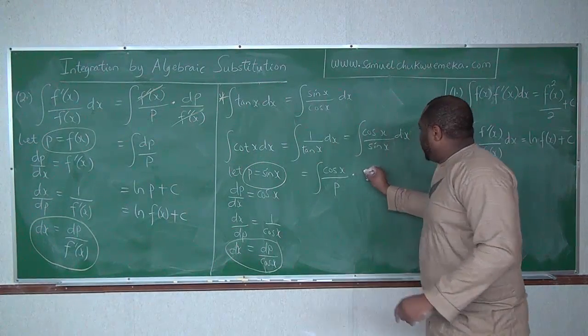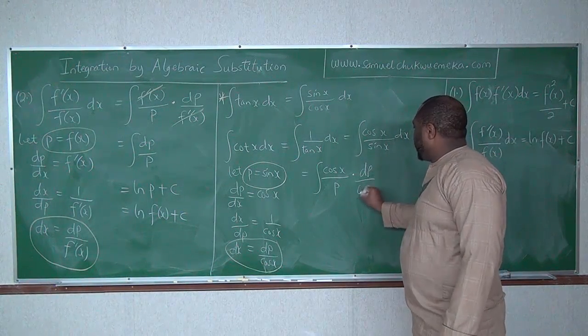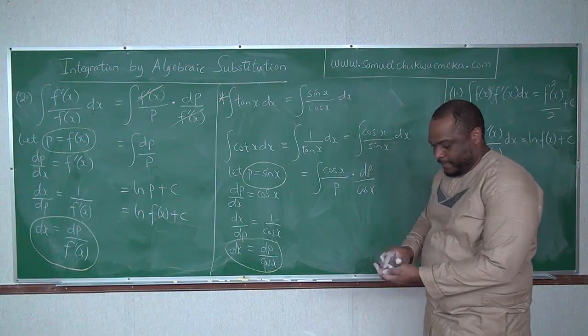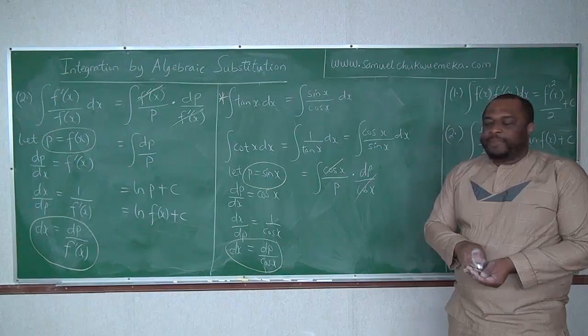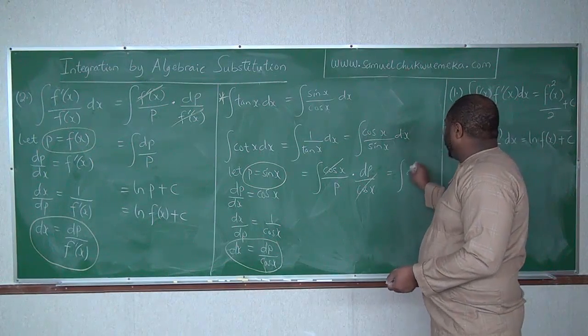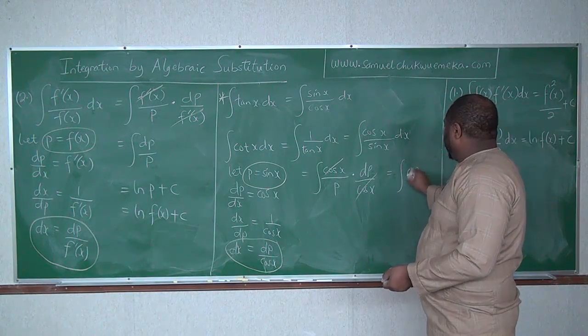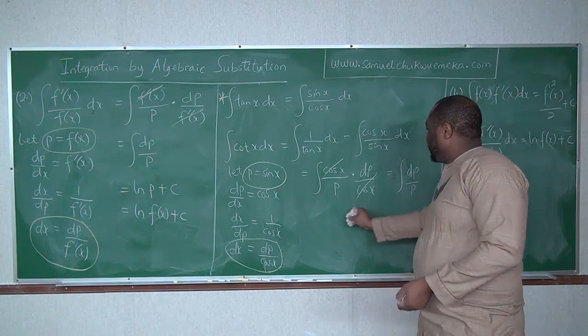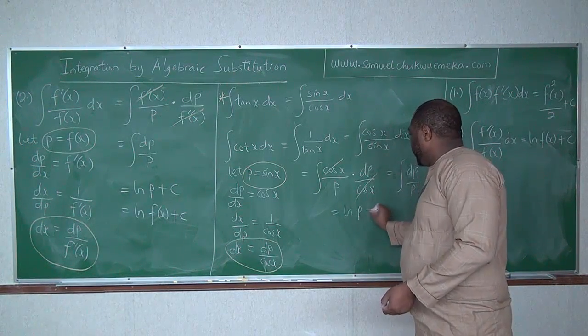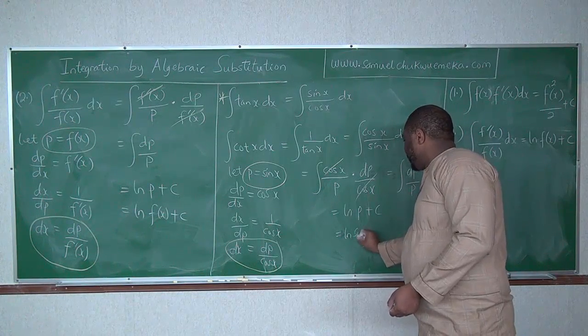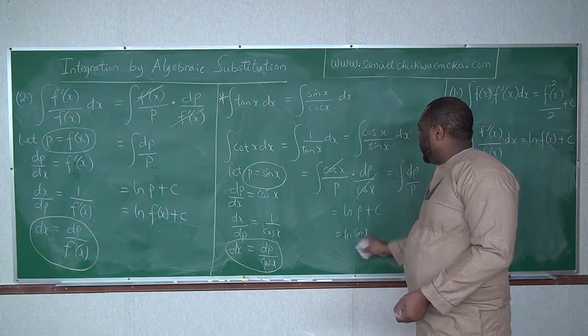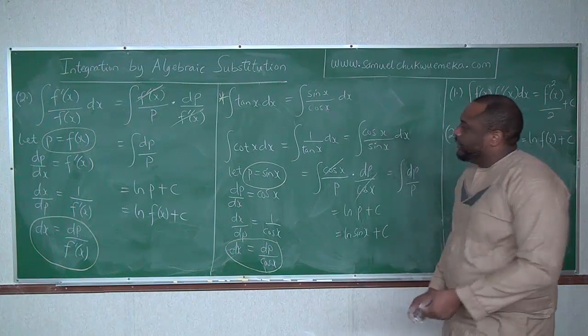Then we cross out. So we have the integral of dP over P, which is ln P plus c, which is ln sine x, substituting back, plus c. That's the answer.